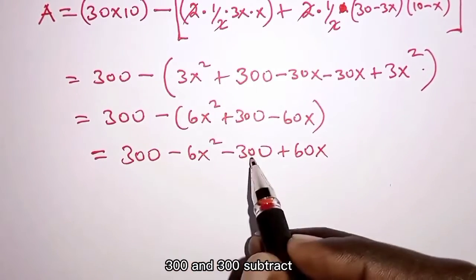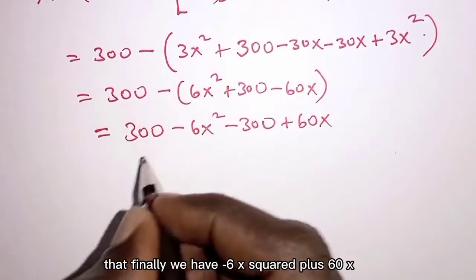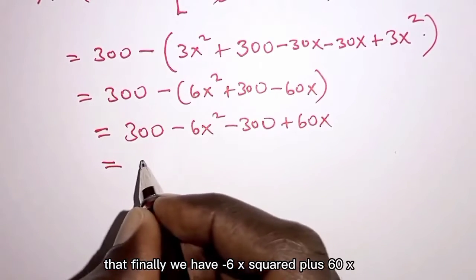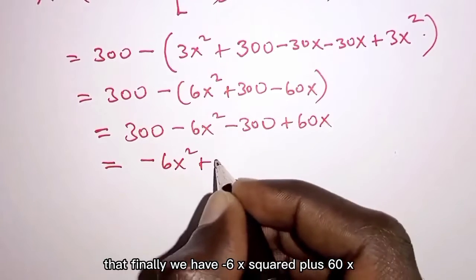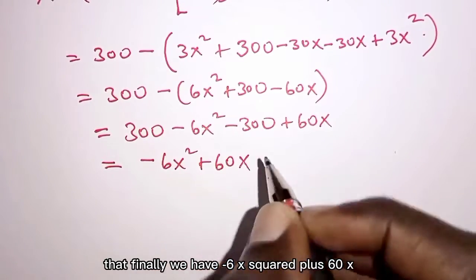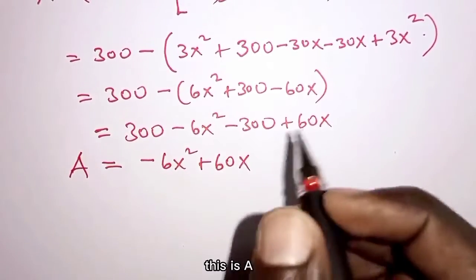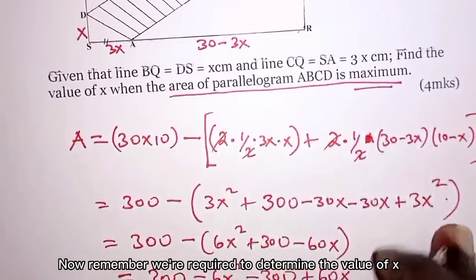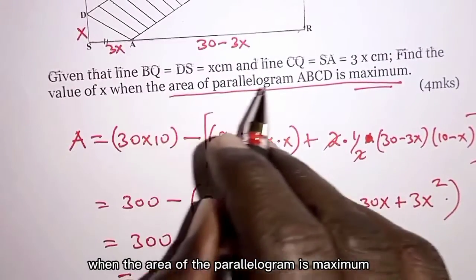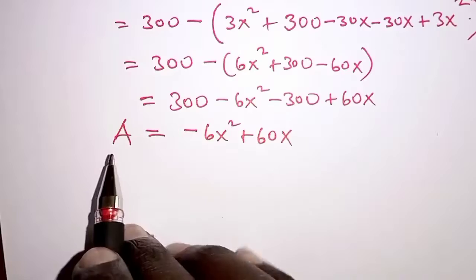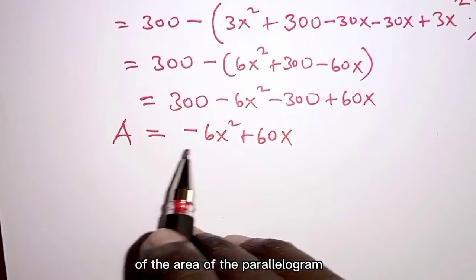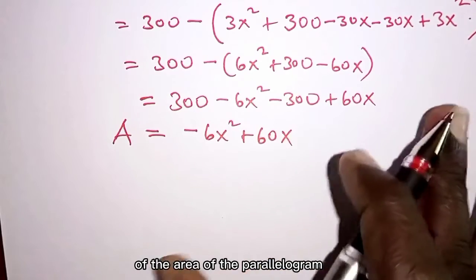So 300 and 300 subtract, so that finally we have negative 6x squared plus 60x. So this is A. Remember, we are required to determine the value of x when the area of the parallelogram is maximum. So already we have an equation of the area of the parallelogram.